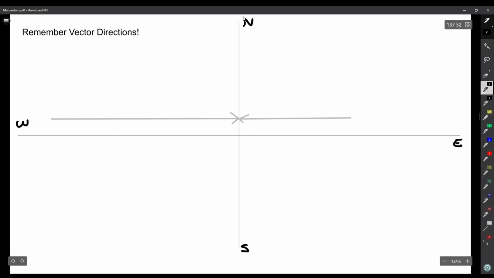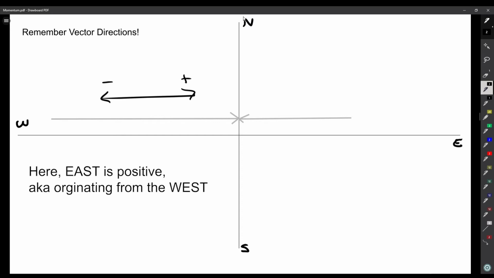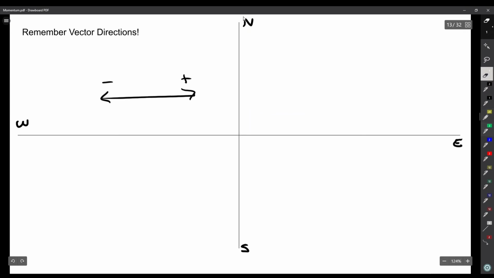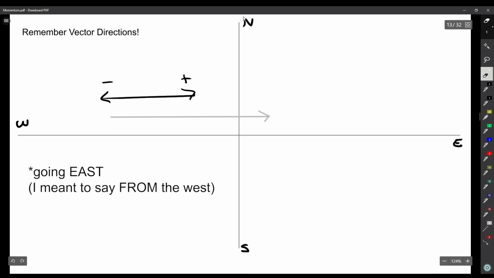How you would add these up is simply, let's say west was this direction positive and this direction negative. Sign conventions, you can make them up yourself. It doesn't always have to be north and east is positive, south and west is negative, as long as you define it in your question. So here what we would do is take the positive and add, or in this case subtract, the value. We would end up with the net impulse, which would be still going west.